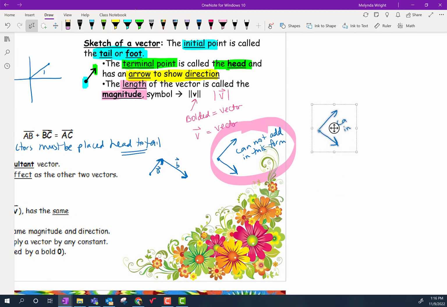Okay, so if I take this vector and grab this bottom one and move it up, then I can add them together. I can move the vector as long as I don't change its length or direction. I can move it around anywhere I want to. So I could rewrite the vector so that I can add. So we can add these.